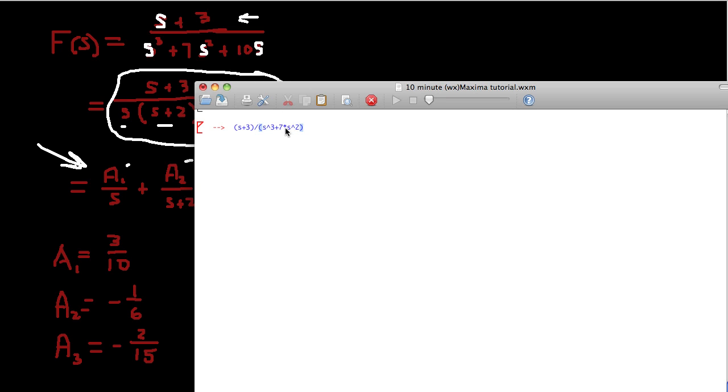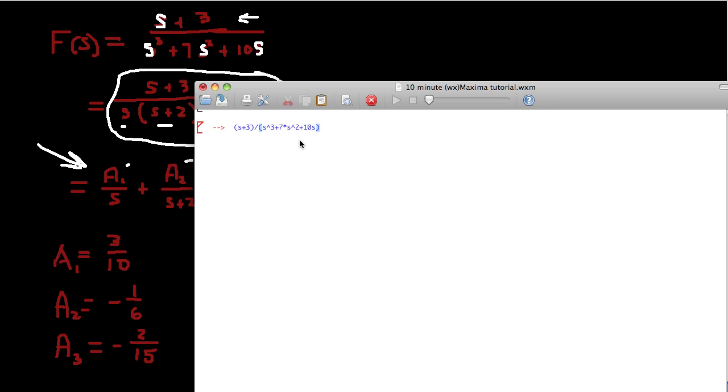Now remember to put the asterisk in there as the times sign. If you don't put that in there, you'll get an error when you try to run the program. So 7 times s squared plus 10s. Okay, so that's our function f of s.